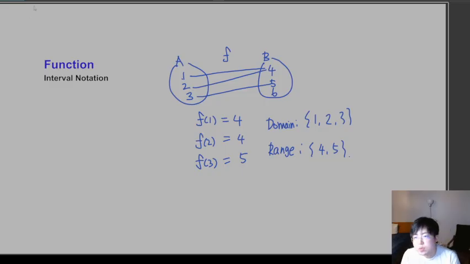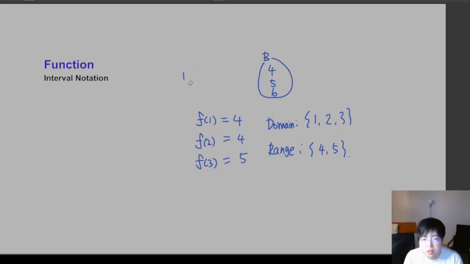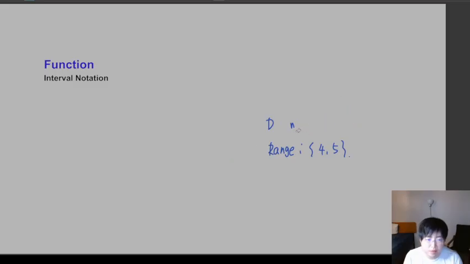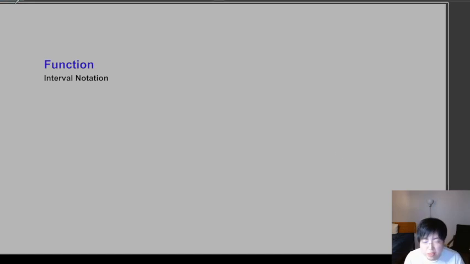And when you talk about functions, when you talk about domain and range, it can be many numbers, not just 1, 2, 3, or 4, 5. Maybe it's not countable like that. Maybe it can be really, really a lot. So it's better to use interval notation sometimes.